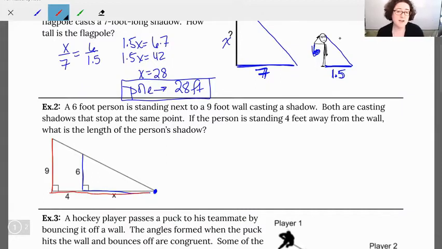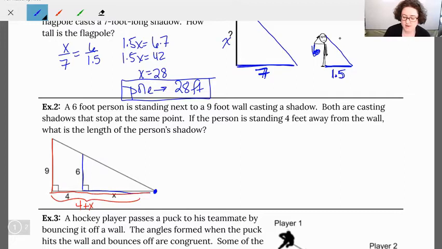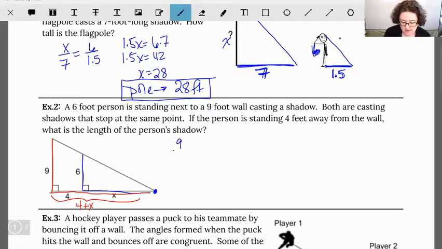But if I have a 4 and an x for the whole base, what should the entire base of that triangle be? We're going to say 4 plus x. And so then we now have enough to create a proportion. So I'm going to go object to shadow equals person to shadow. Cross multiply and solve.